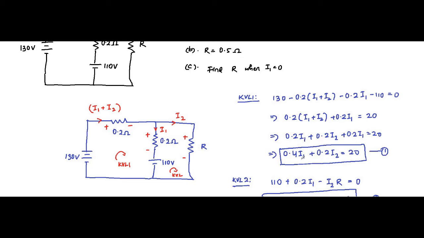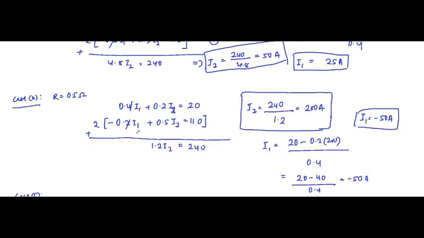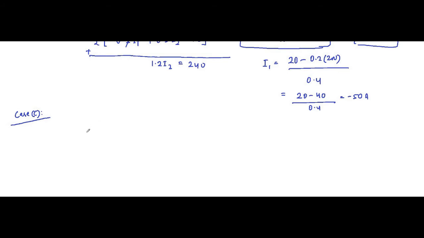We substitute I1 is equal to 0, so it will only be 20 is equal to 0.2 I2.